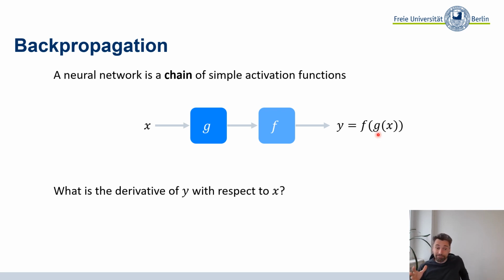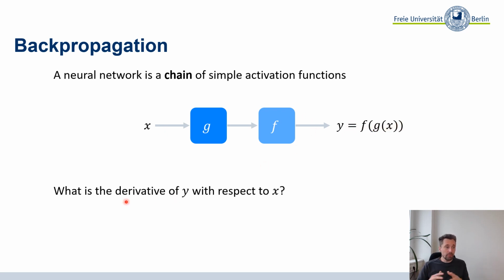relies on the idea that we can divide our complex network into parts, right? So think of our network as a chain of activations, which basically it is, right? So a sequence of function evaluations. So the output y is function f of the output of g of x. Yeah, f of g of x is y.